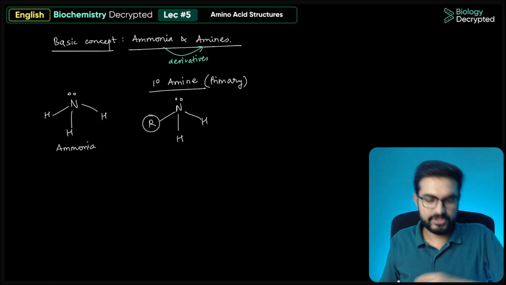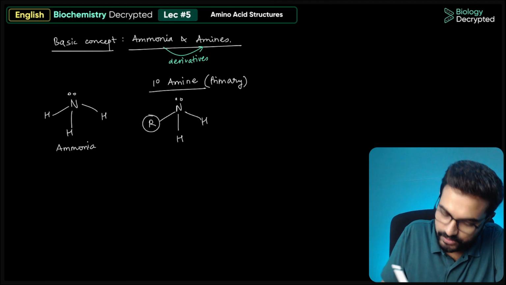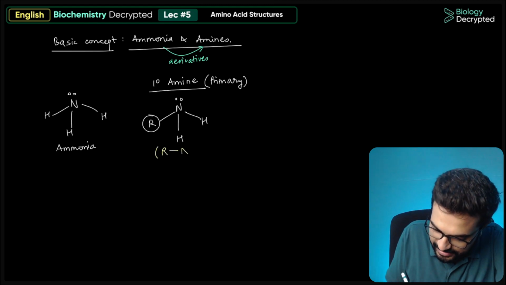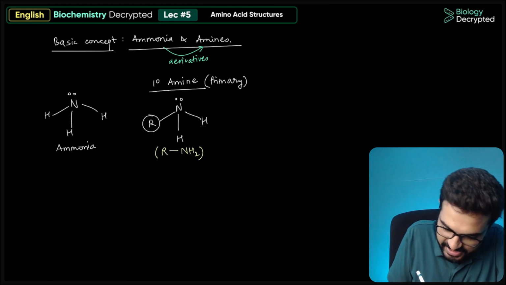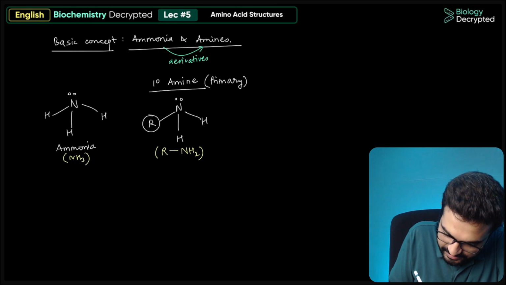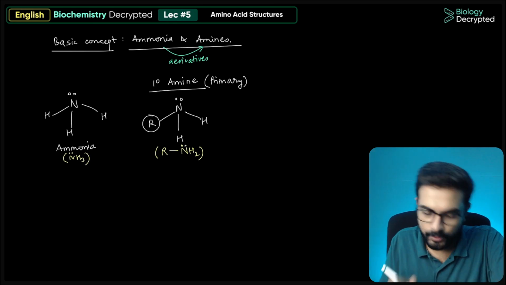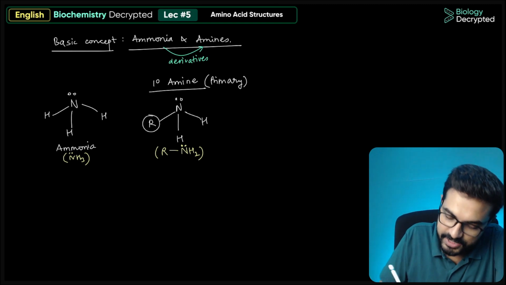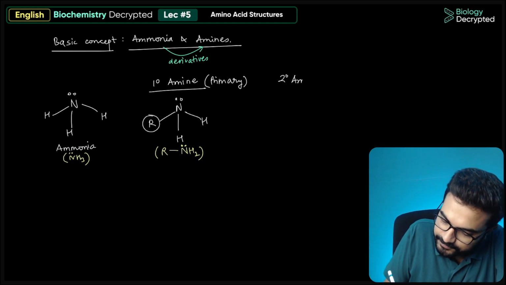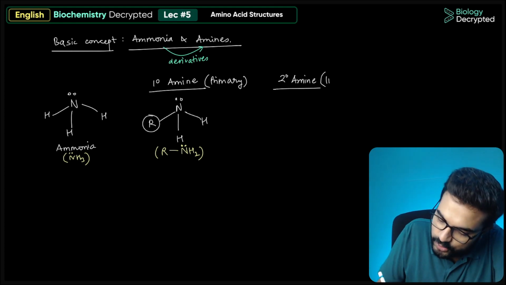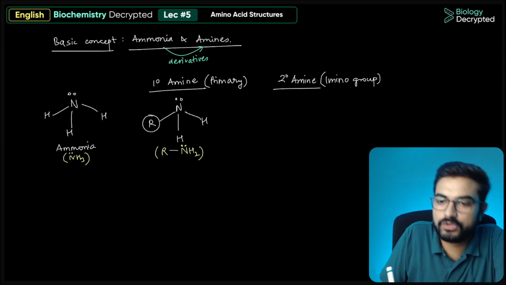This can be denoted as RNH2, whereas this is simply NH3. Now moving forward, we will be talking about secondary amines. This group is also called the amino group.